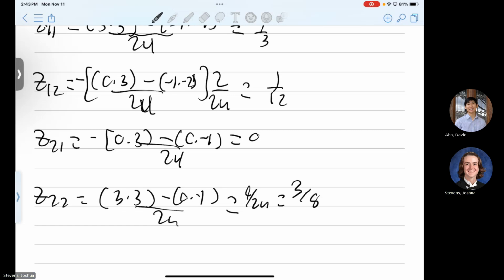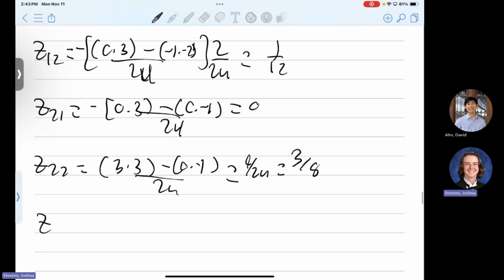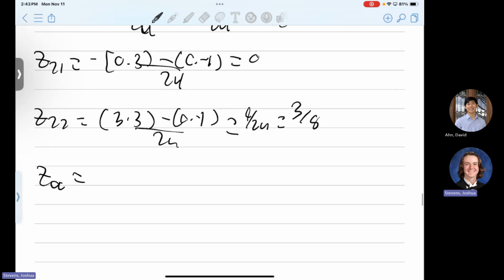Cool. So then when you put that together, it equals 1/3, 1/12, 0, 3 over 8.